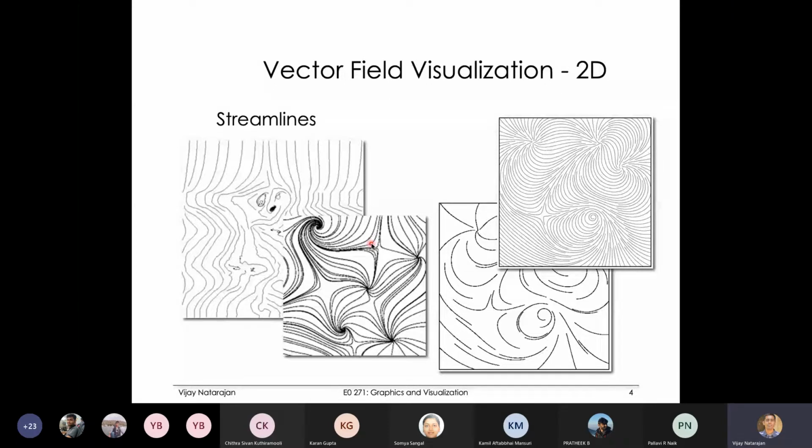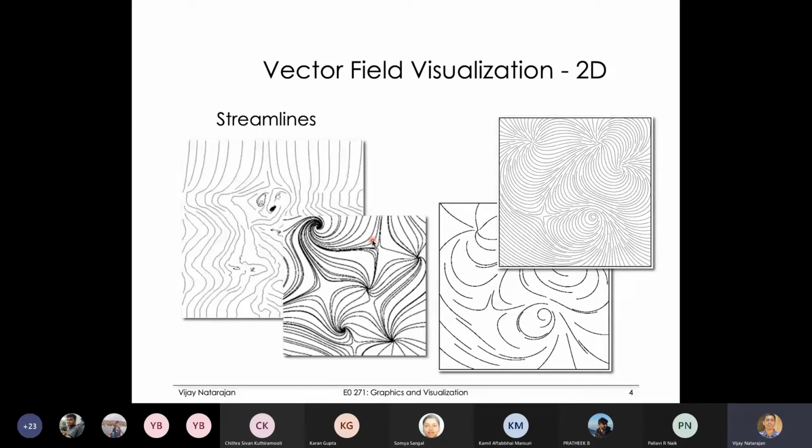So in this lecture, I'm not going to describe algorithms for extracting streamlines and so on. I think that's something that's beyond the scope of our class. But what you will do in your projects is use visualization tools that already implement these approaches.